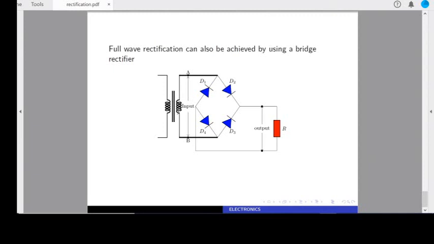So for every half cycle, 2 diodes are conducting: D2 and D4, and then in the next half cycle we have D3 and D1. This process is going to continue, and the output is going to be produced on the other end.